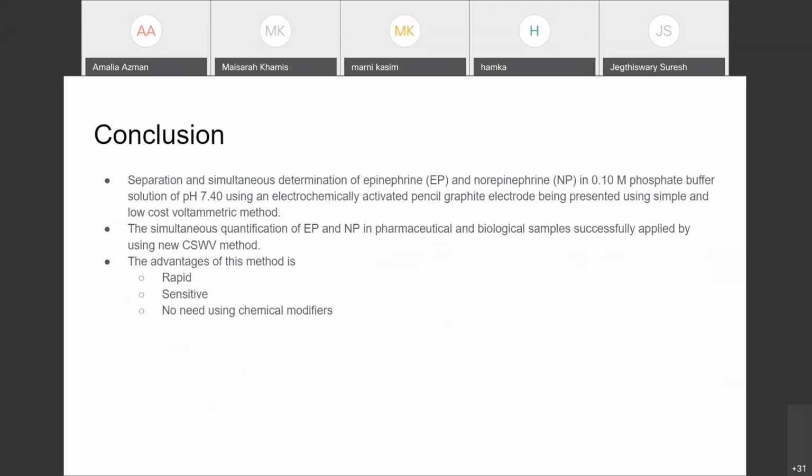The advantages of this method are that it is rapid, sensitive, and offers considerable promise for sensor application. And the last one is that it does not need a chemical modifier for sample treatment, so this can avoid fouling from repeated use.